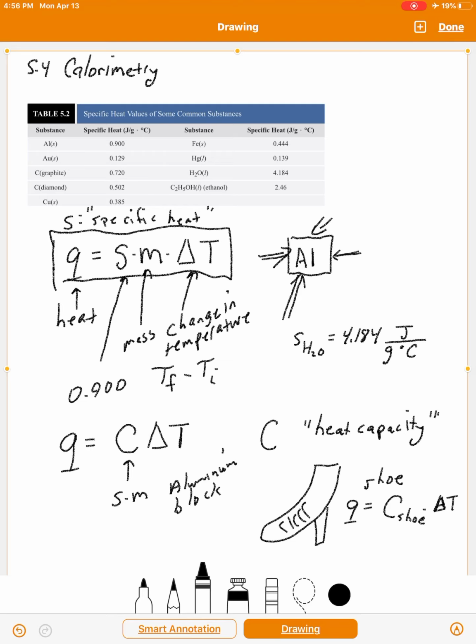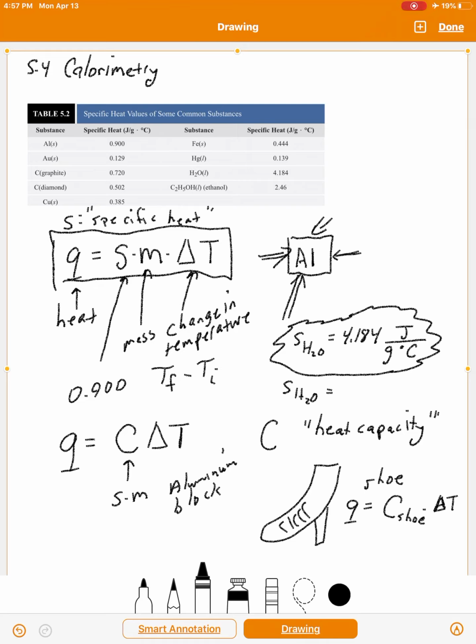That value, 4.184, is used in a lot of different problems. So you don't need to memorize the table, but that one you might want to know: 4.184 joules per gram degree C.